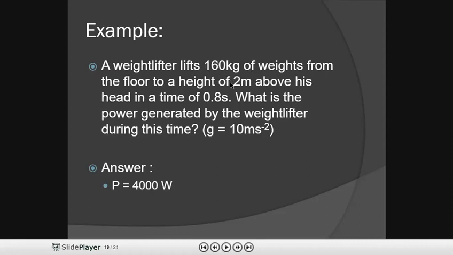So here the work done will be equal to the gain in potential energy by the weights, that is mgh over t. So mass will be 160, g will be 10, height will be 2. Multiply these three things, you will get the work done and then divide it by 0.8. This will give you the power of the weightlifter.